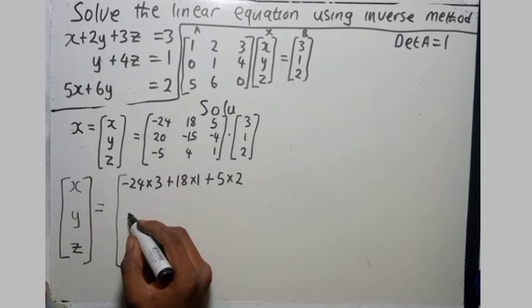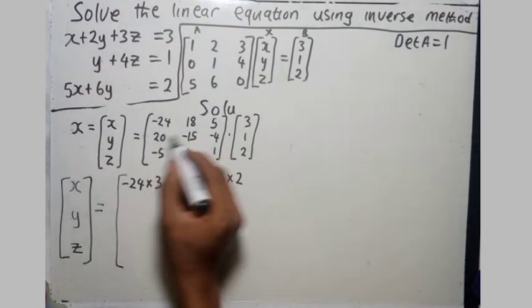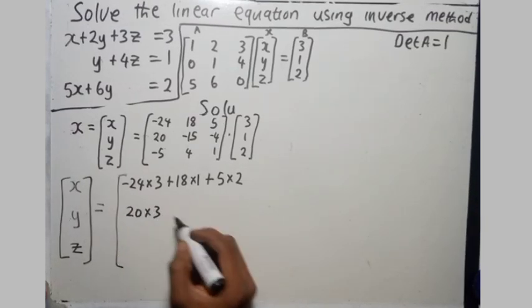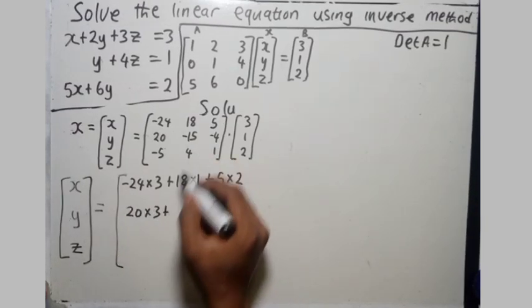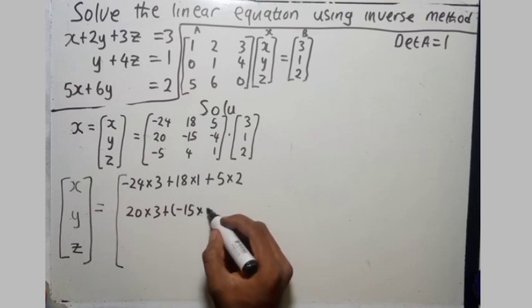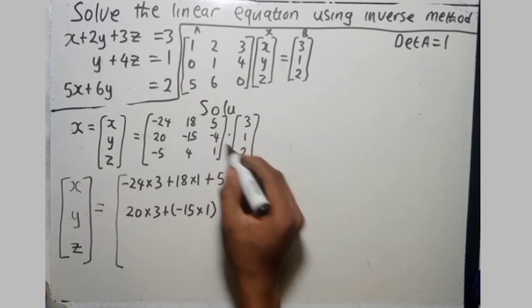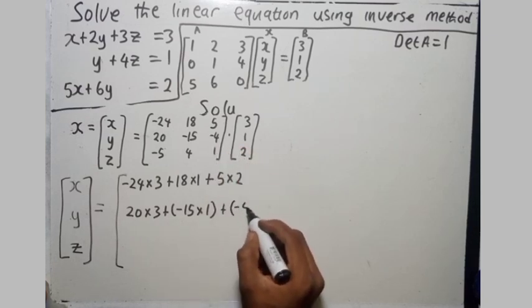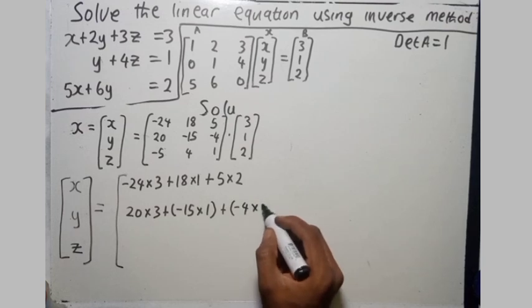For the next one, we'll be having 20 times 3 plus minus 15 times 1, then plus minus 4 times 2.